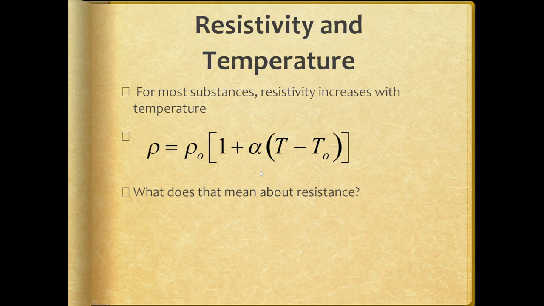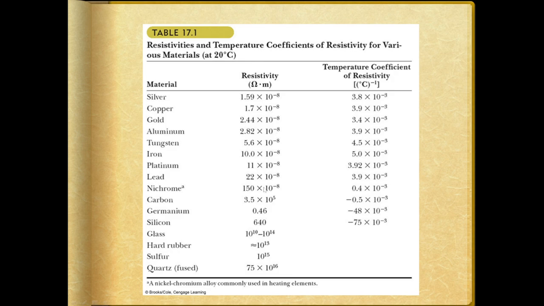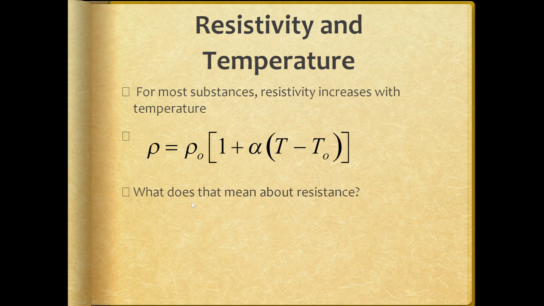The purpose of this formula is to take the standard 20 degree value right here and then adjust it to what it needs to be. So in this formula, rho subscript 0, rho naught, represents the baseline. That's the 20 degree resistivity constant that the chart is used to operating from. The rest of the formula exists to modify the 20 degree constant into whatever final form it needs to be for its current temperature.